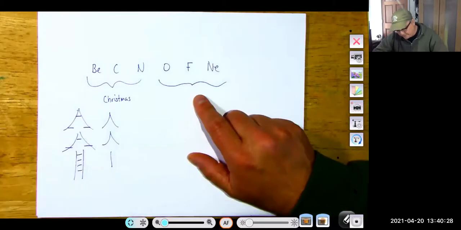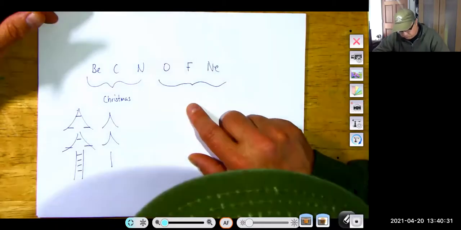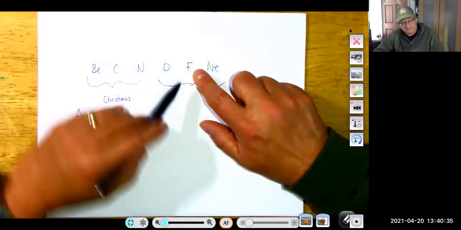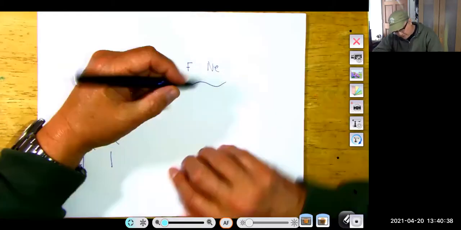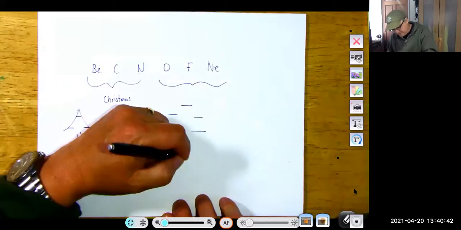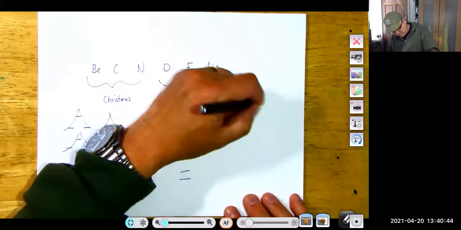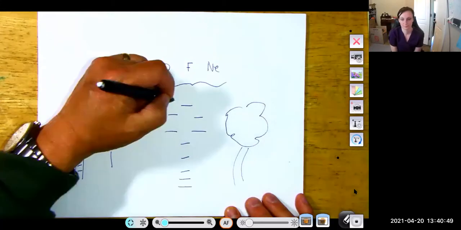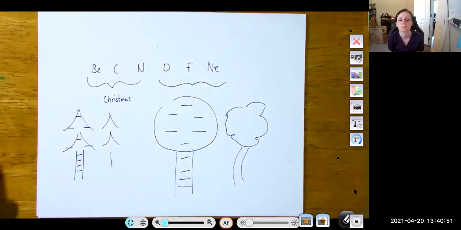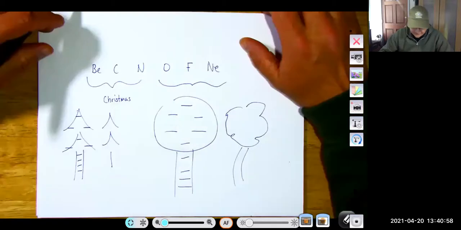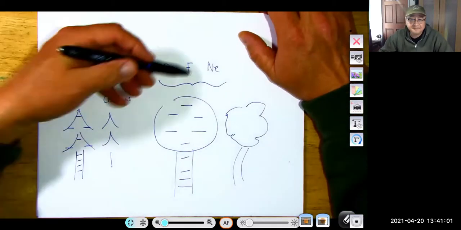Well, you could call this one the flower, because flowers generally have this type of look to them, right? So here's the flower. So you could use F and C as your keys to the shape. C, Christmas tree. F, flower.